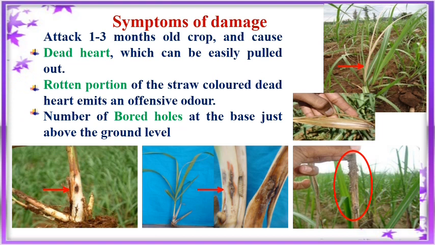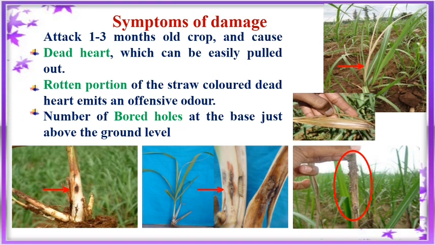Now, how does this early shoot borer attack the sugarcane crop? It attacks in the early stage of crop growth. It attacks 1 to 3 month old crop and causes dead hearts. What is that?